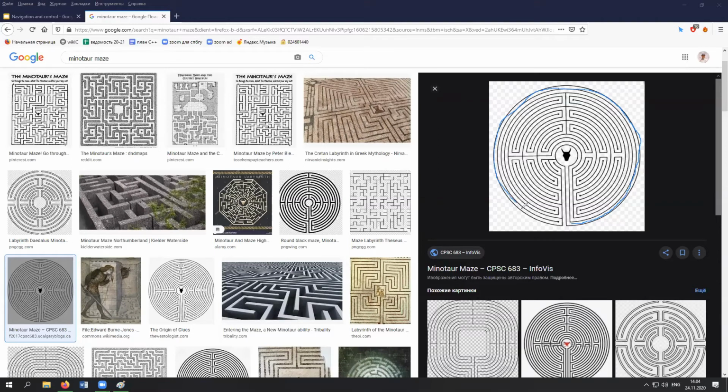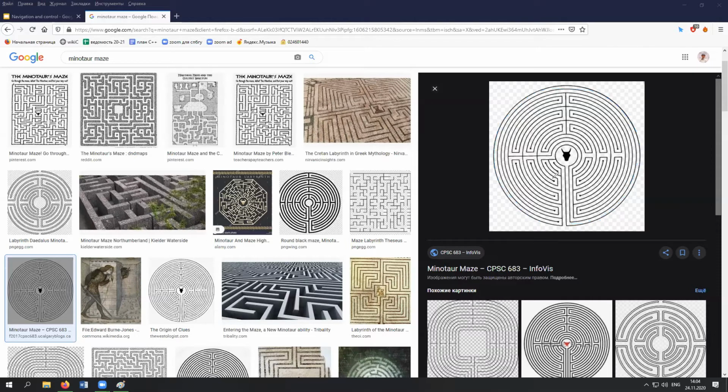But you can copy this image and try to solve it in Paint, always keeping the right wall, and you will always solve it.